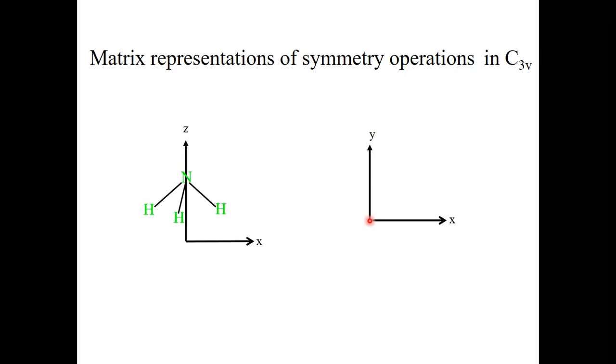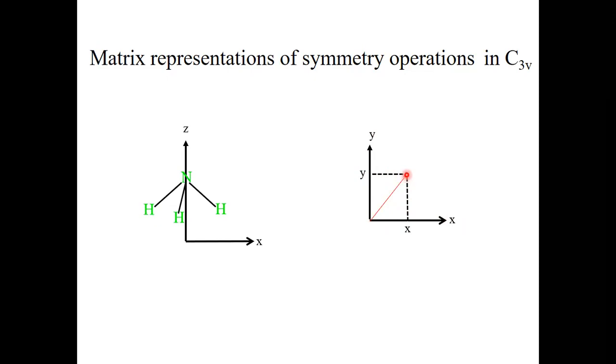Okay, so now let us consider a particular point within the xy plane, which has the coordinates x and y respectively. This point would be represented by a vector which would point from the origin to that particular point.